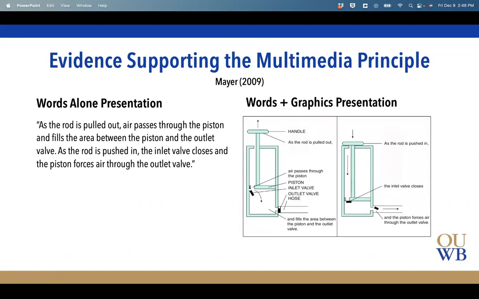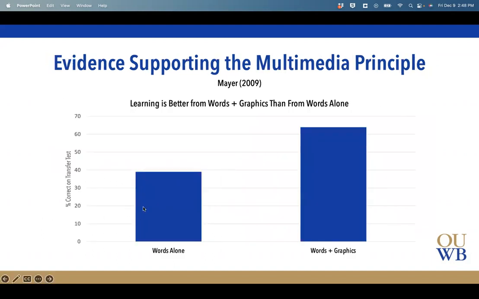Okay. And what Mayer found was those students who viewed the words alone version of the presentation did poorer, not as well as their contemporaries who viewed the lesson with words and graphics. Their percent correct on the transfer test was much lower than the ones who got the words and graphics. And this was true across actually 11 different study groups.